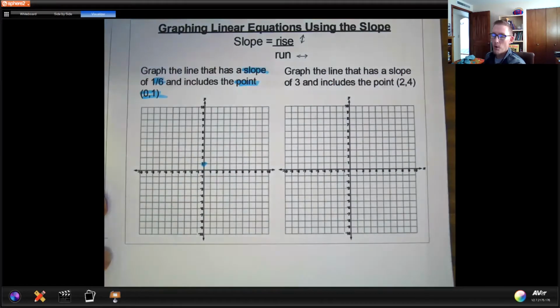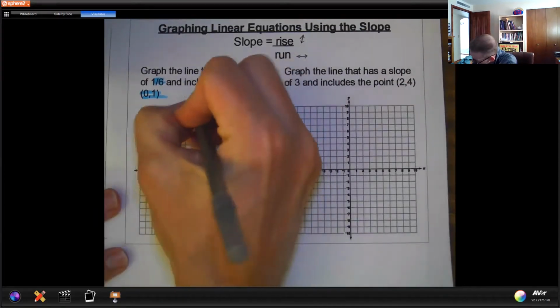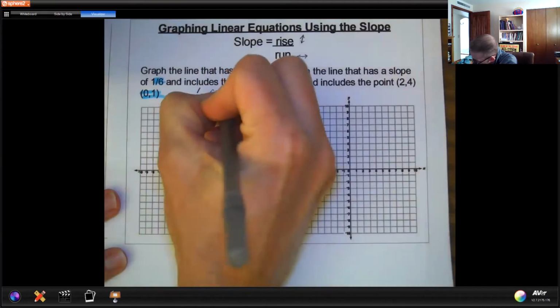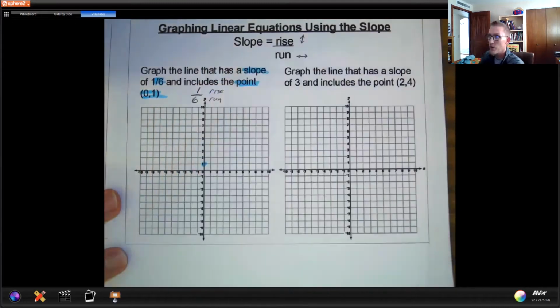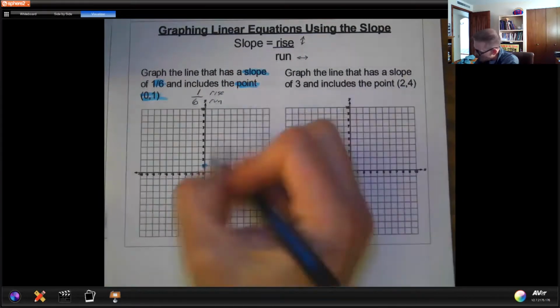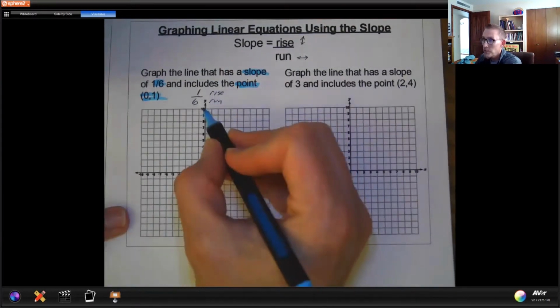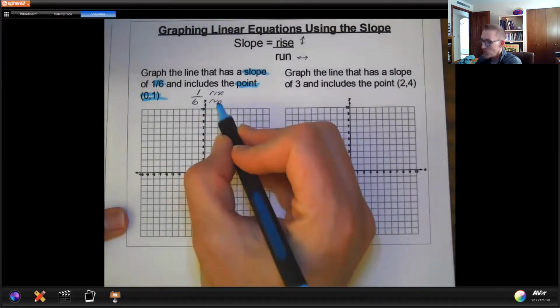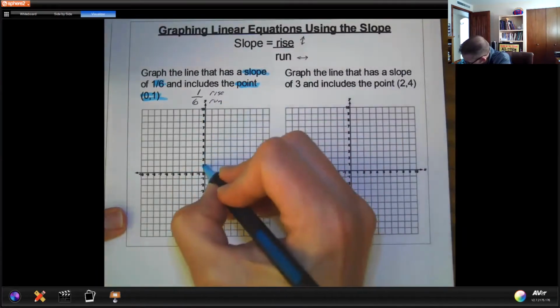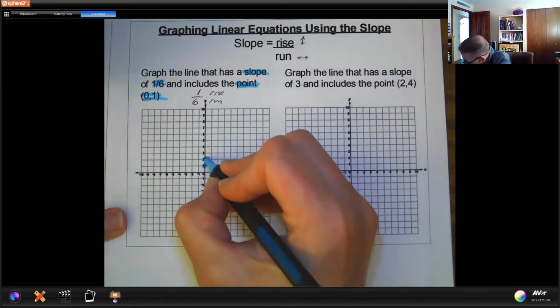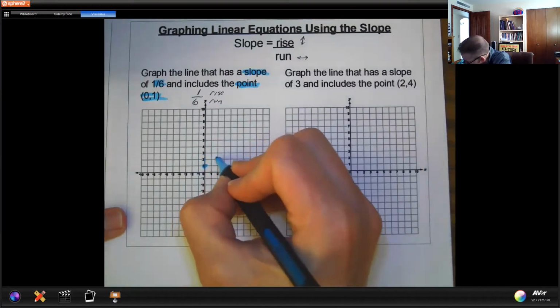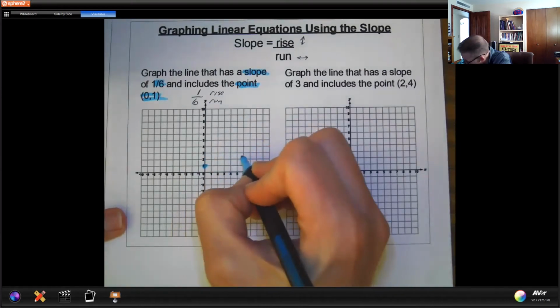Now I need more points. So what I am going to do to get more points is I'm going to use this slope of 1/6, and I'm going to remember that slope is rise over run. So from this blue dot that I drew, I am going to rise 1 and then run 6 to the right. 1, 2, 3, 4, 5, 6.